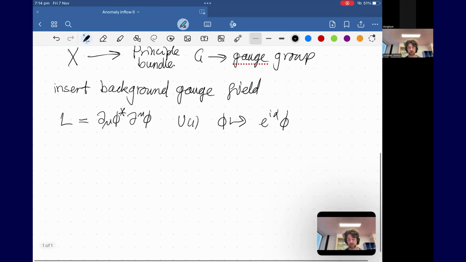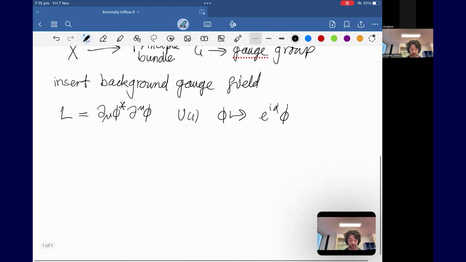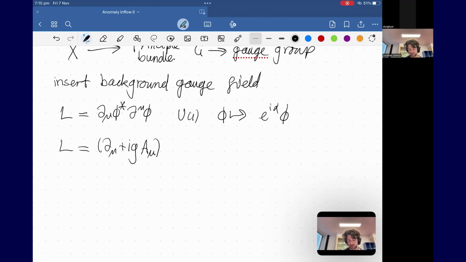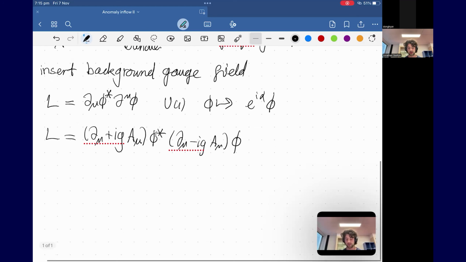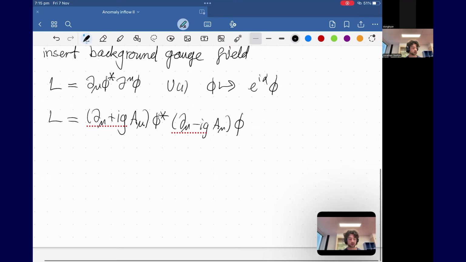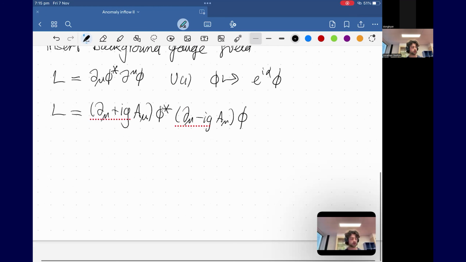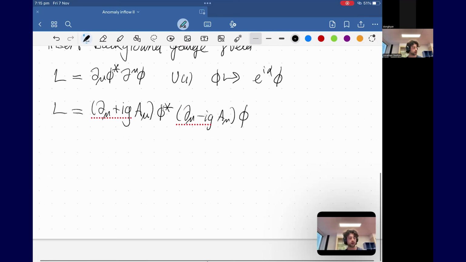And then we upgrade this to a gauge theory by replacing these derivatives with covariant derivatives, which can be plus i G a mu and so forth, where now these are gauge fields. So this is the general construction we do. Even if it is a global symmetry, we can upgrade it to be a gauge symmetry.